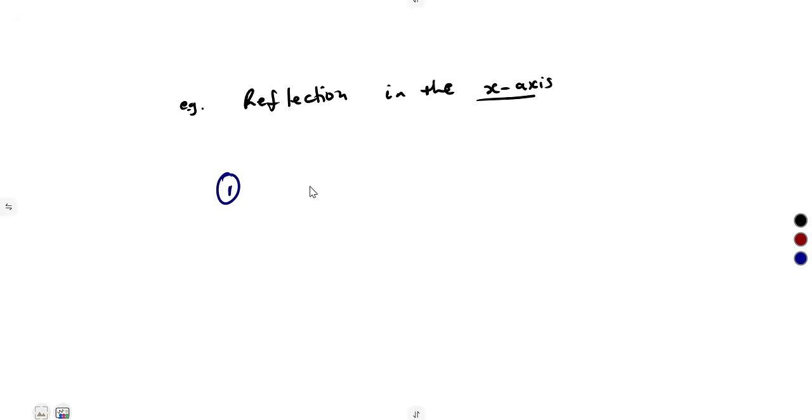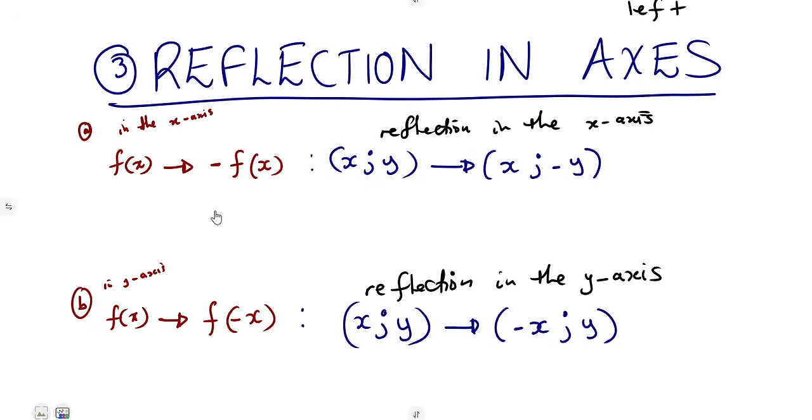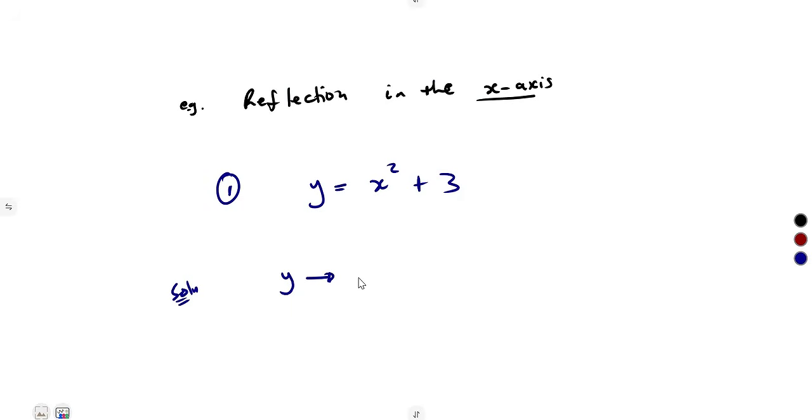Let us say we've got a function y is equal to x squared plus 3. When it is reflected in the x-axis, we saw that it becomes minus f of x.